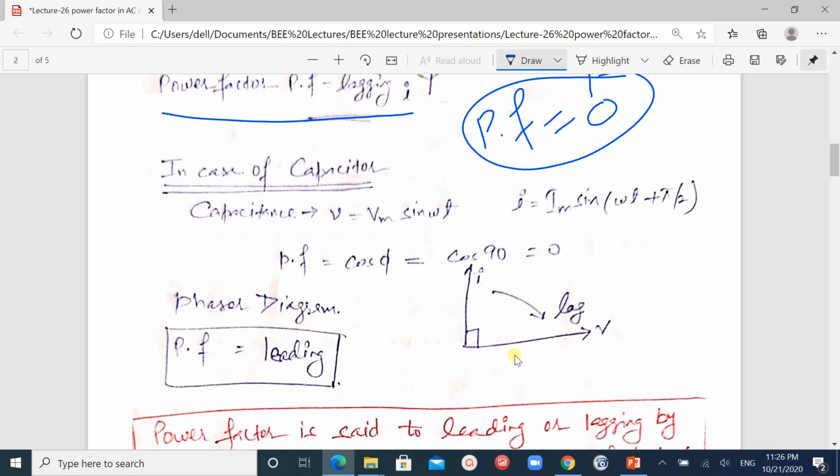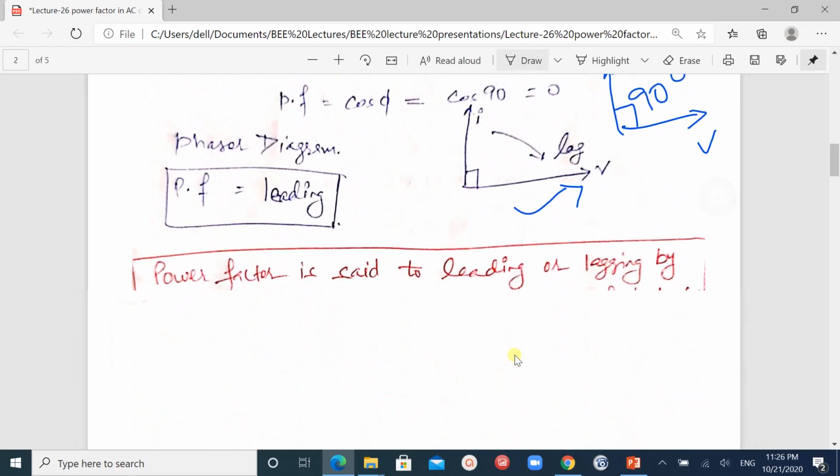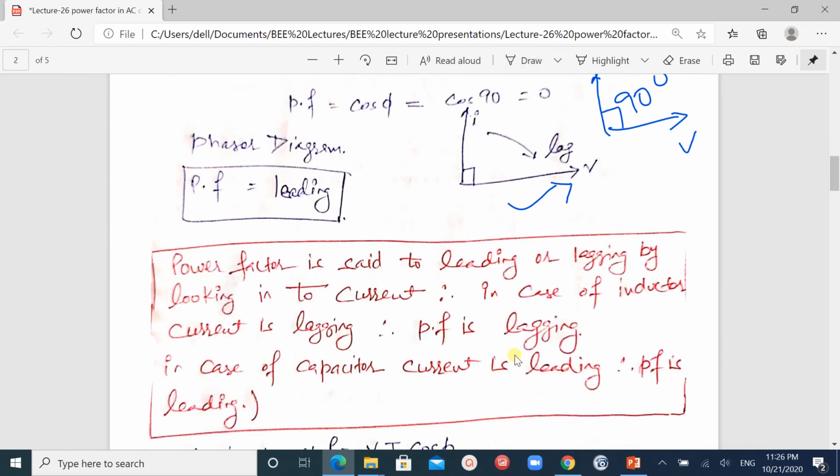Here the phasor diagram is shown. The voltage is on the x-axis and the leading current is shown, and the current leads by 90 degrees in the case of capacitance. So the power factor is said to be leading or lagging by looking at the current.